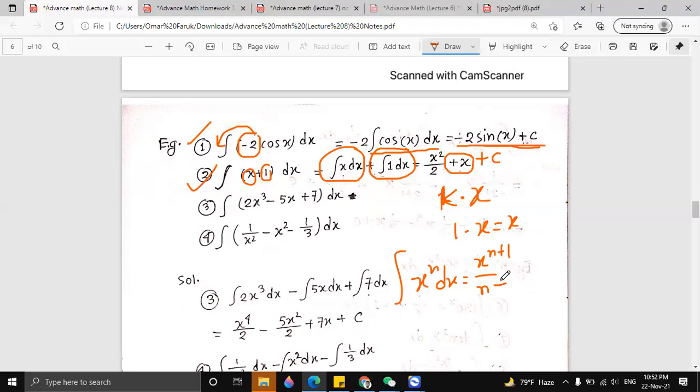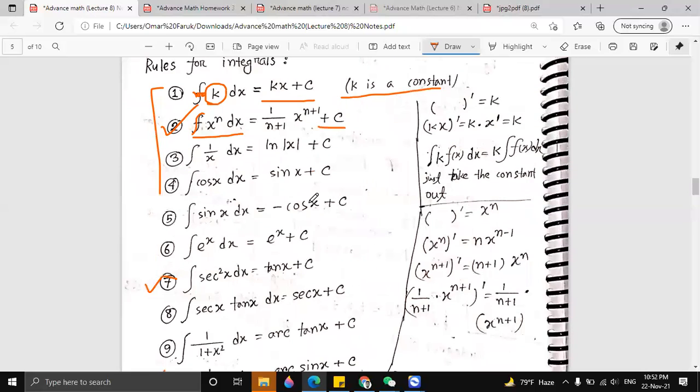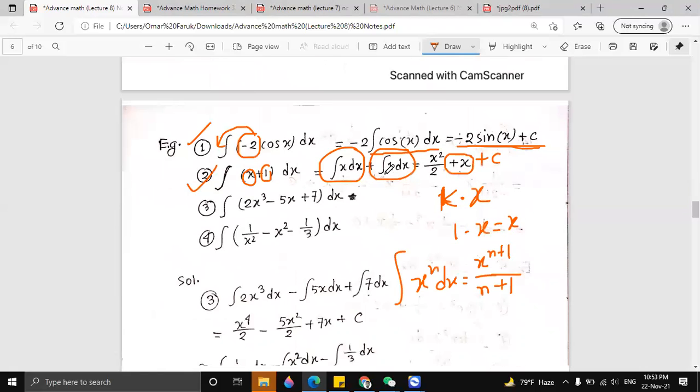Can you show this formula from our formula rules? Yes, I can. This is formula number two here. So it will be x to the power n plus 1 by n plus 1.